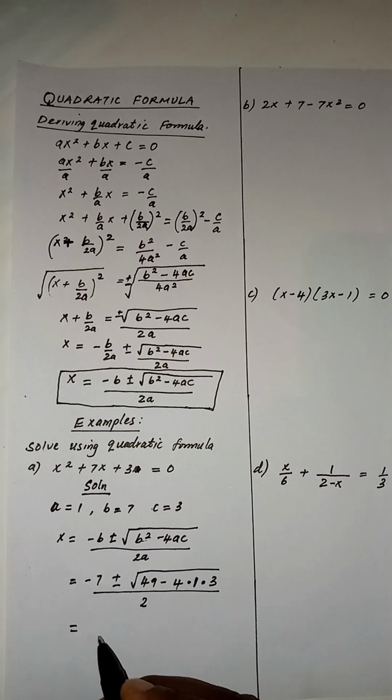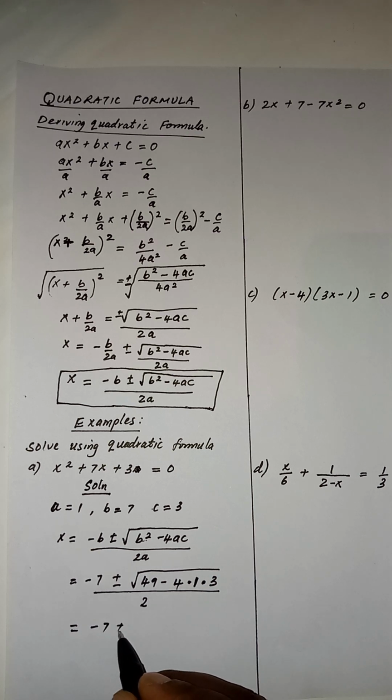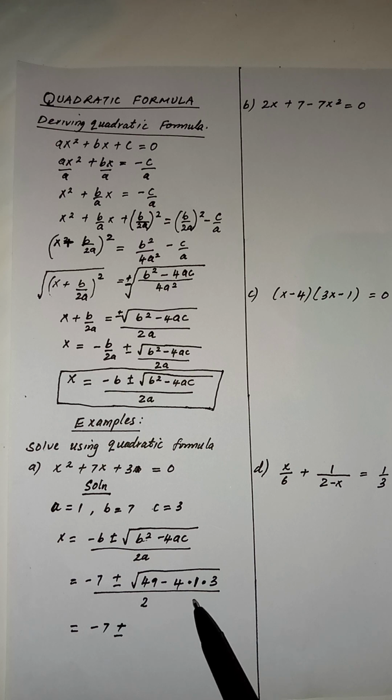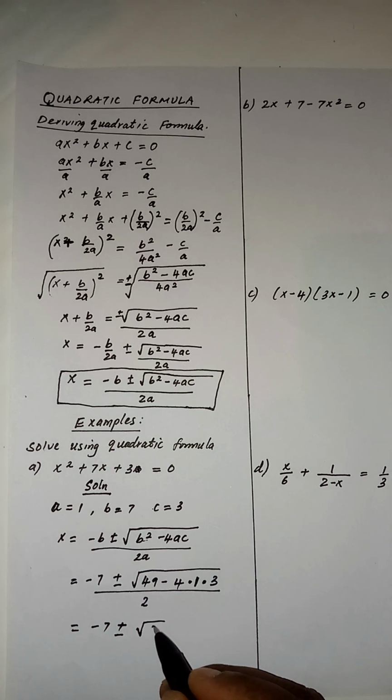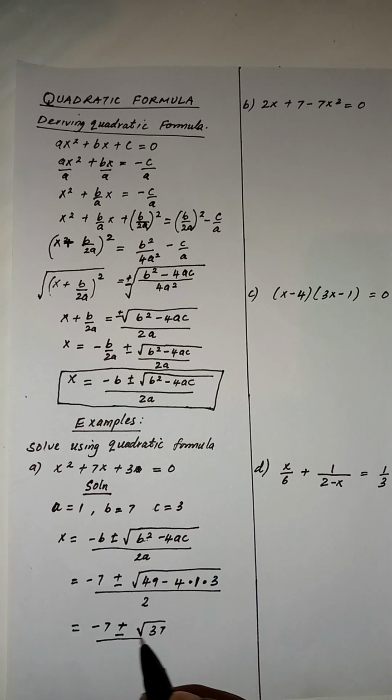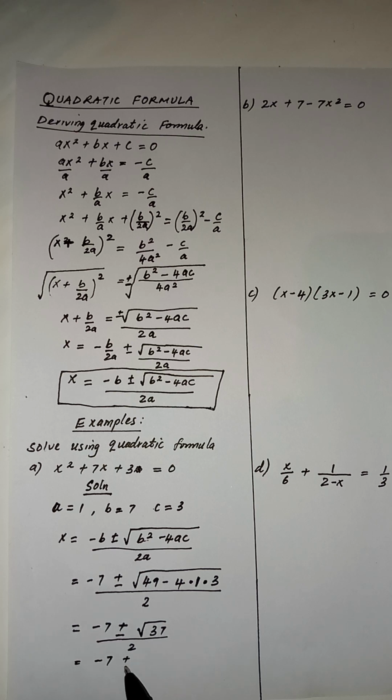So this will give us minus 7 plus or minus the square root of 49 minus 4 times 3, which is 12, so it gives us 37, the square root of 37, all over 2. The square root of 37 is 6.083.